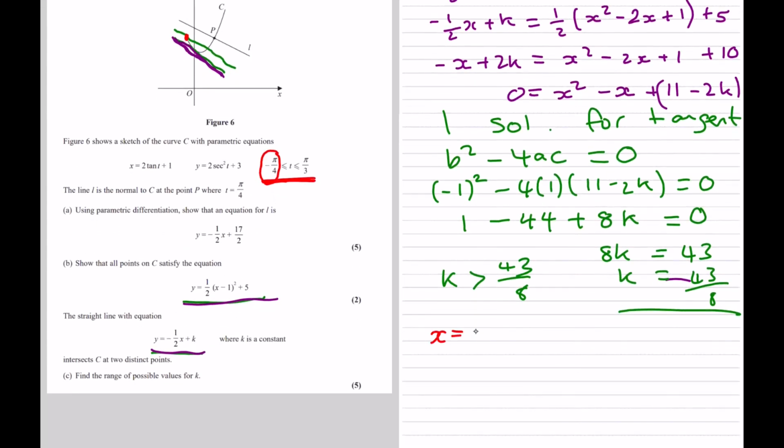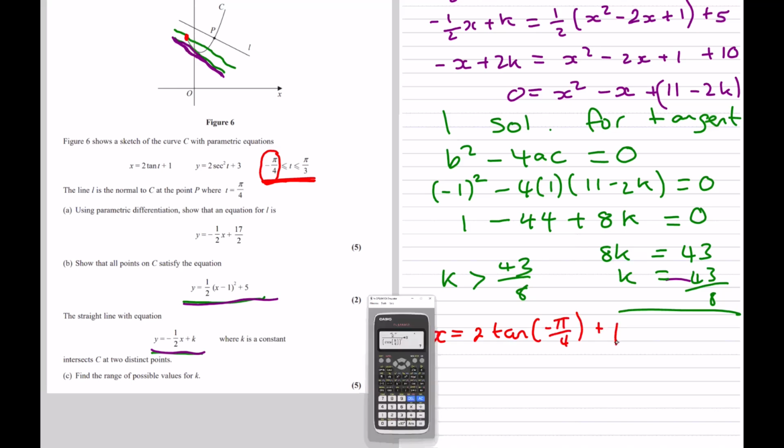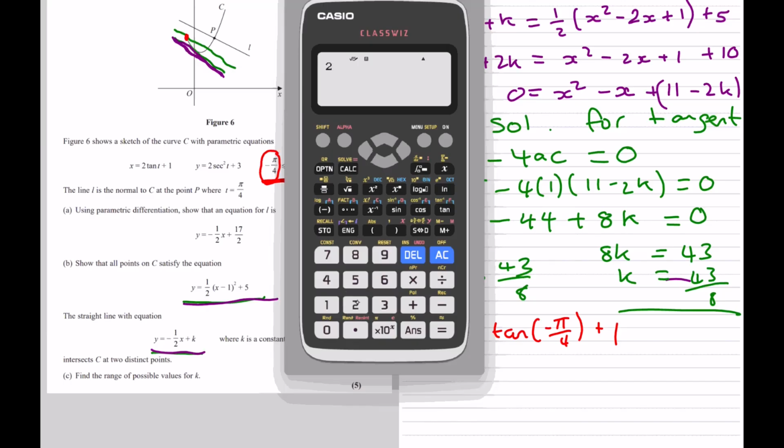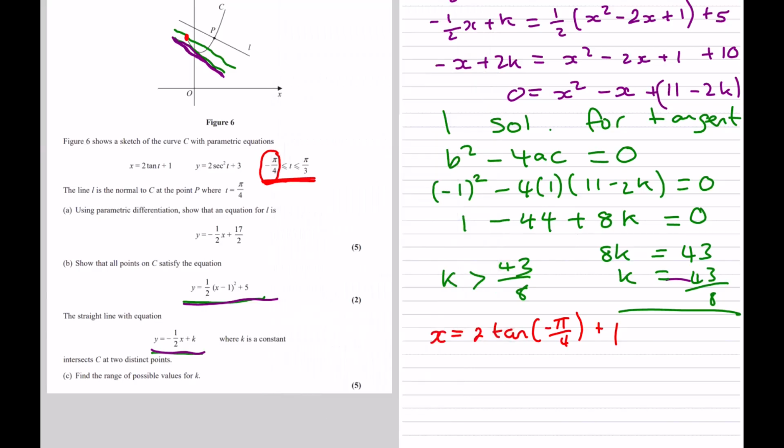So x is 2 tan of negative pi over 4 plus 1. That's negative 1. The x coordinate is negative 1.